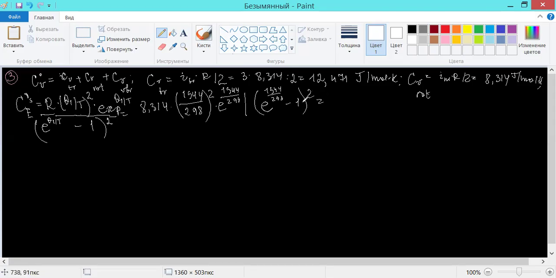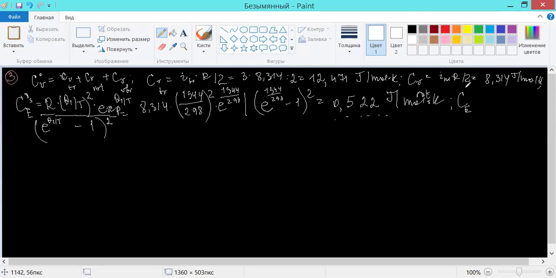So if you take your calculators, you will see it's equal to 0.522 joules per mole Kelvin. As you see, it's not very great, but still considerable. Not to overlook it.